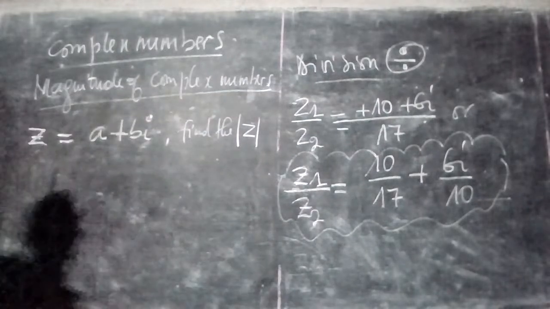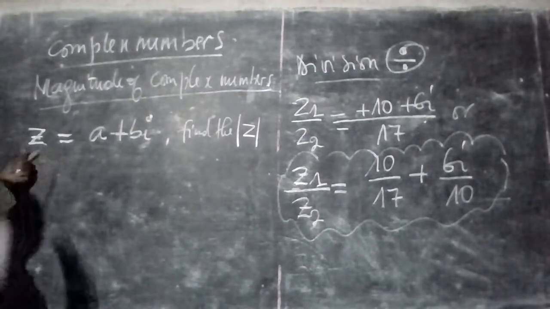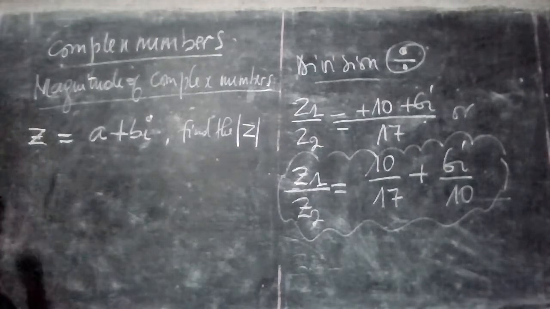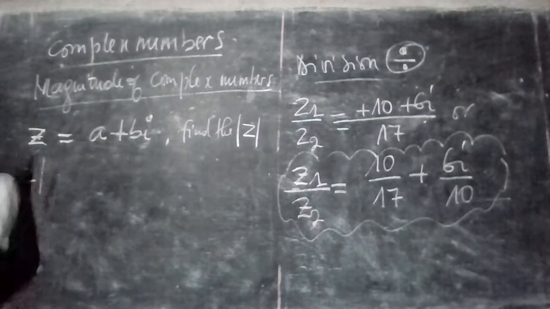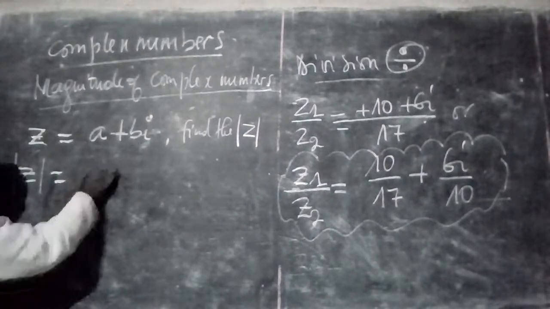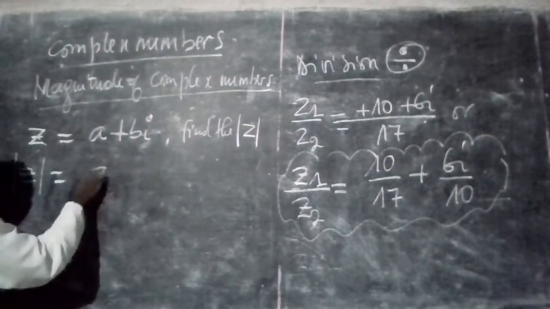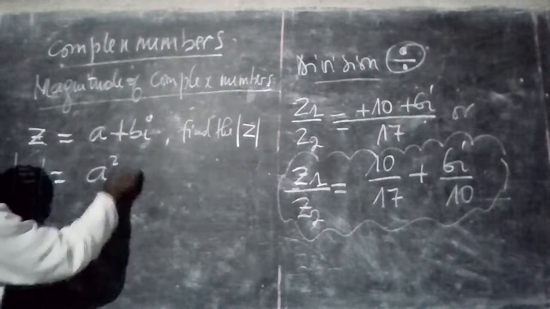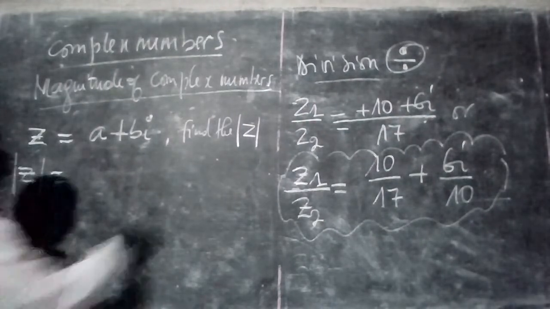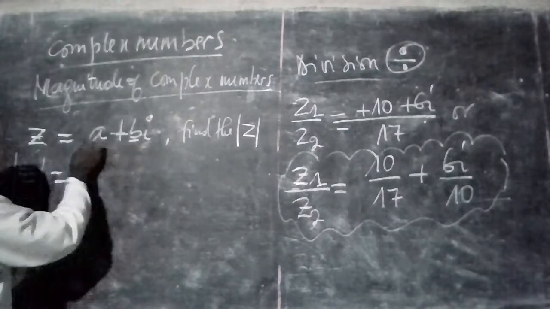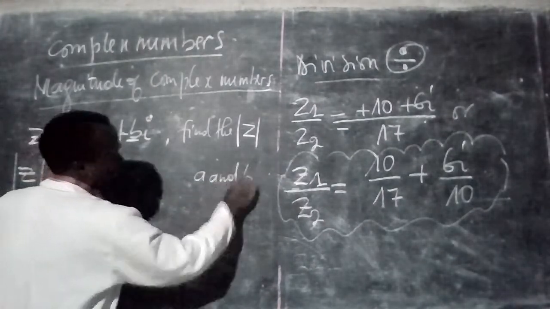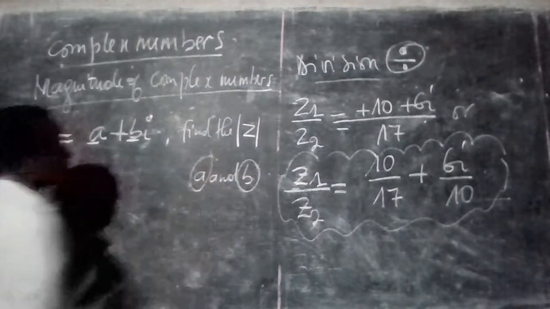Now let us continue. This is how to find the magnitude of a complex number. The magnitude of this complex number will be the square root of a square plus b square. Before using this, we have to focus on these two letters, a and b.